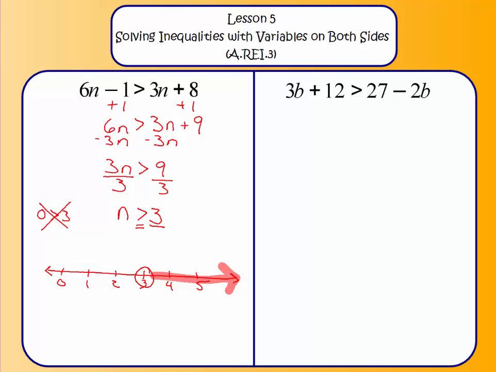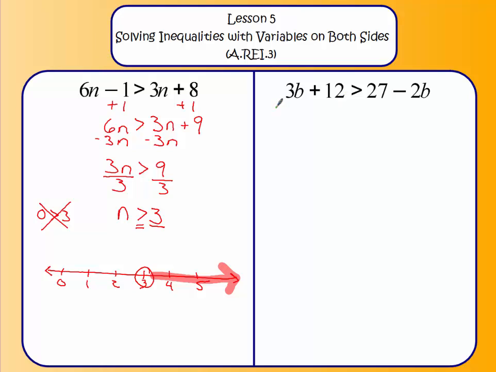Let's look at the next one. I have 3b plus 12 is greater than 27 minus 2b. Let's say, for example, I moved the 3b from the left side of this inequality to the right side.